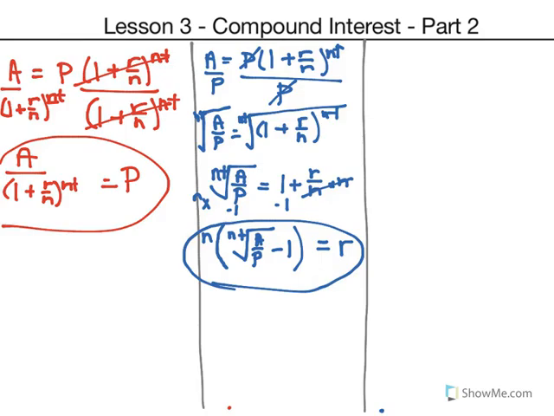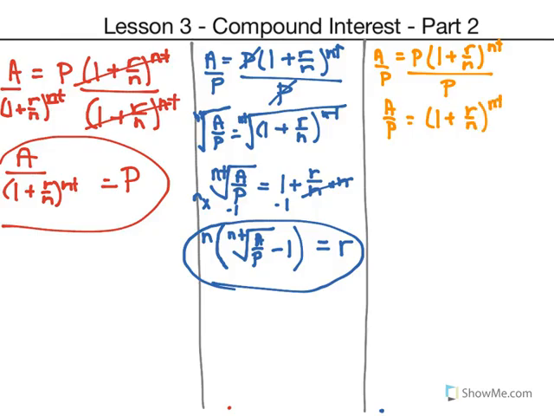And the last one is the most difficult. You have to use logarithms because we are solving for the exponent. But it's not that bad. We've done it before. So we're going to divide by P first. We want to isolate our exponent. So we have (1 + r/n)^nt.